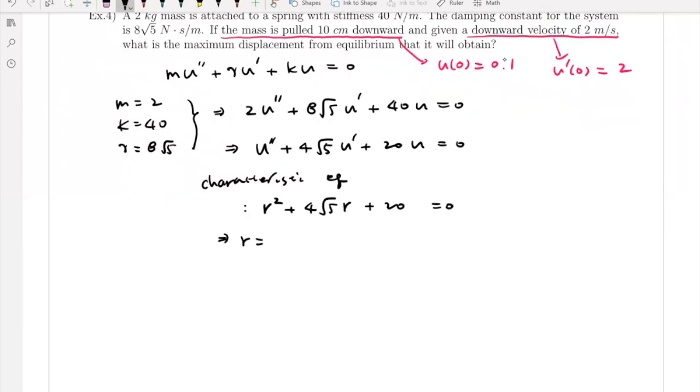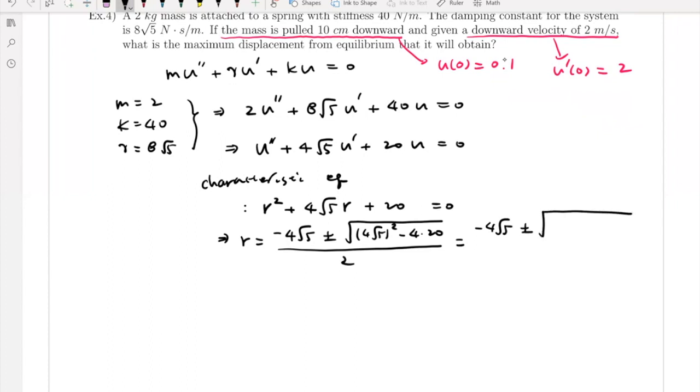Quadratic formula, okay? Minus b plus or minus square root of b squared minus 4ac, over 2a, that is equal to negative 4 square root of 5 plus or minus the square root of 4 squared, which is 16, times 5, which is 80, minus 80, over 2. So look at that. Your square root part is equal to 0, okay?